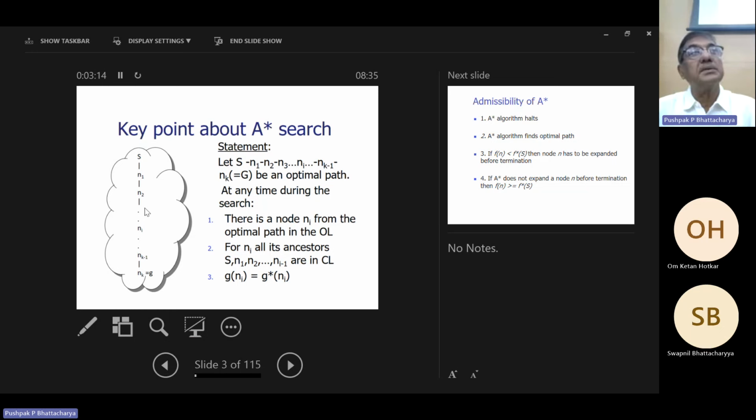Okay, so such a node always exists on the open list. The optimal path to that node is already found, and all the ancestors of that node are in the closed list, and that node is in the optimal path. This is the most important point about the A-star algorithm.